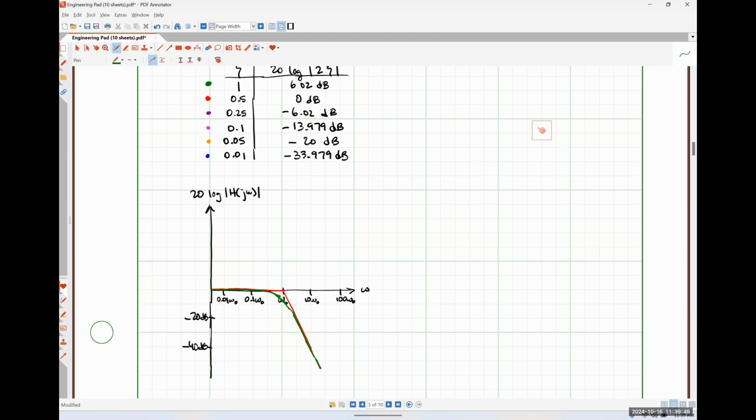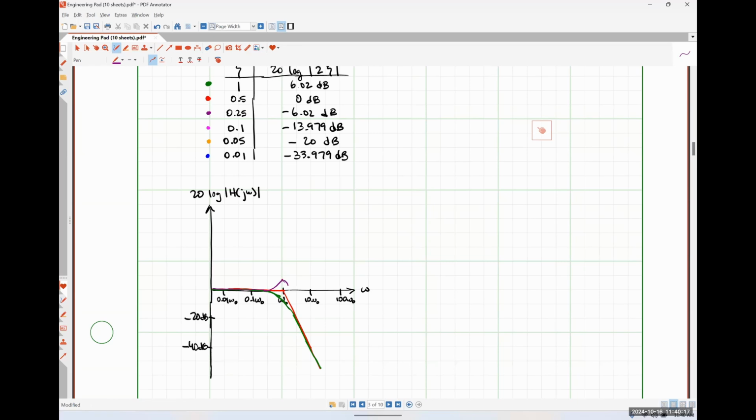Okay, so let's do the purple one next. So we are going to have an increase of 6 dB in the region of our resonant frequency. So what we're going to have is something like this. It's going to start off at 0, and then when we get close to our resonant frequency, it's going to jump up like so.